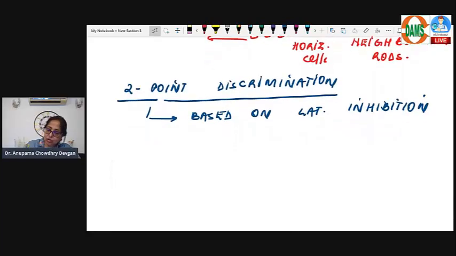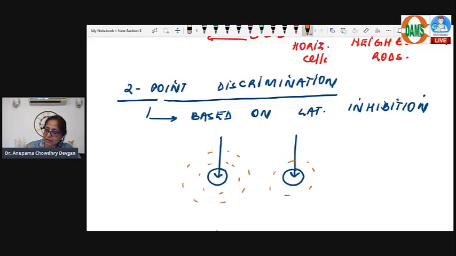Two points on the skin are excited simultaneously. These receptors are getting excited here, and they inhibit the neighboring receptors. They send inhibitory impulses to the neighboring receptors. So you're able to detect these two points as two separate points.